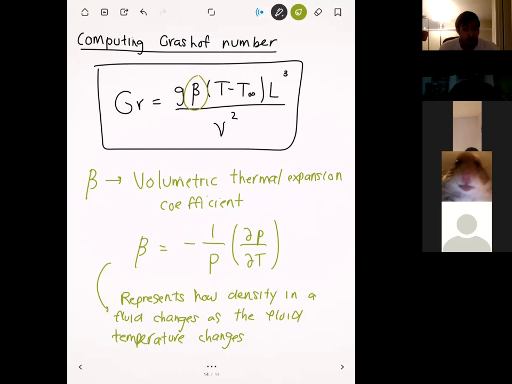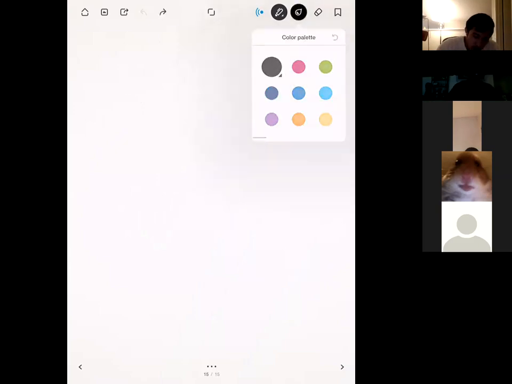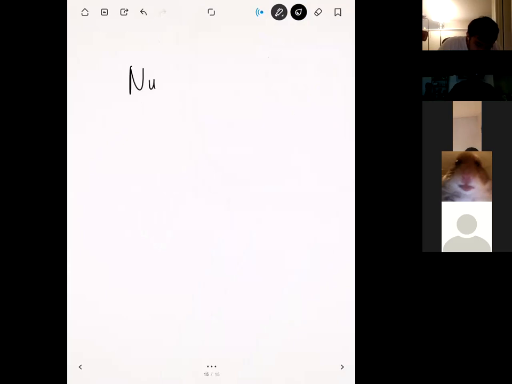All right. Any questions on this? Okay. One last thing before we end for today, just to set us up for after the spring break. Usually, when we solve for the Nusselt number, what we found before was that the Nusselt number was a function of Reynolds number and Prandtl number, right?